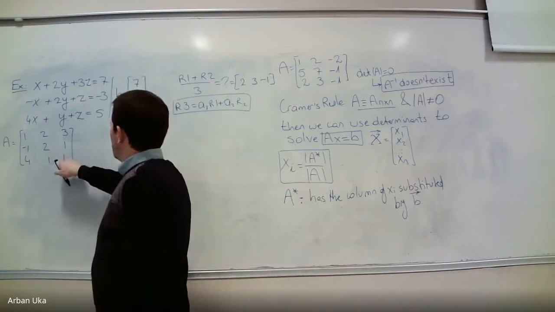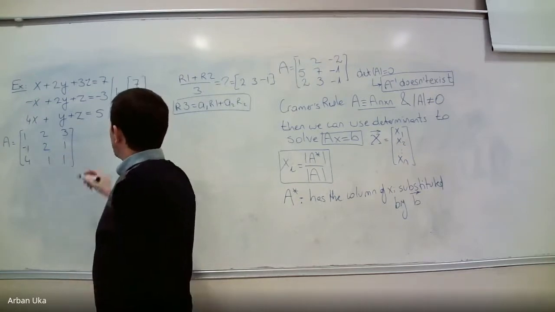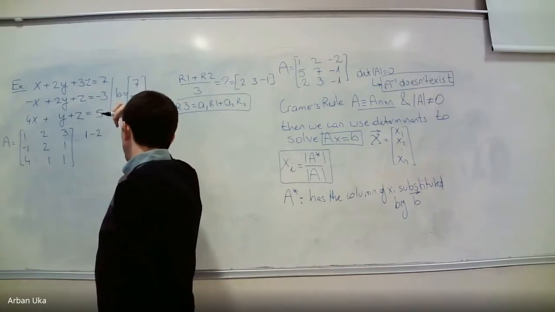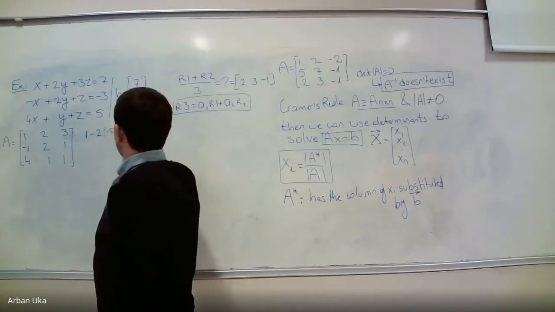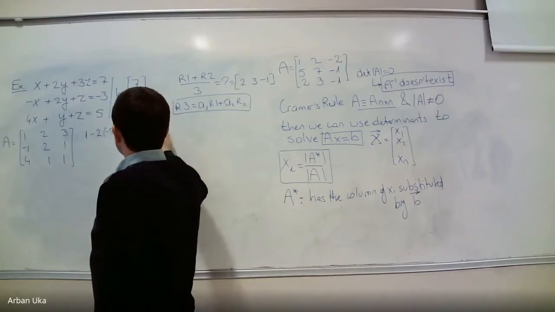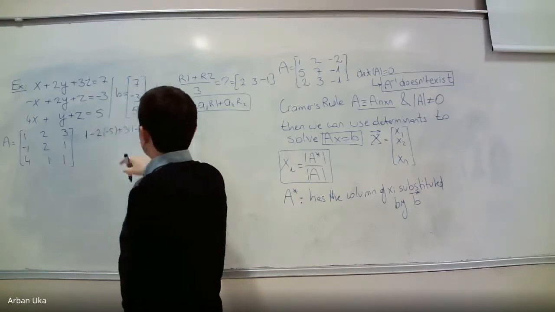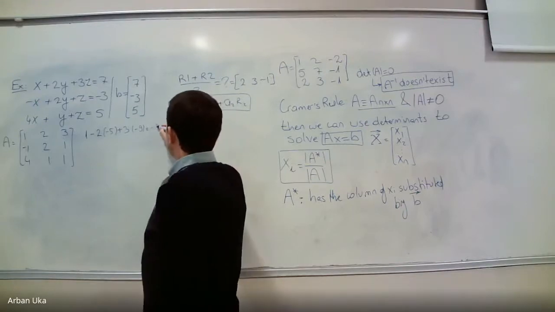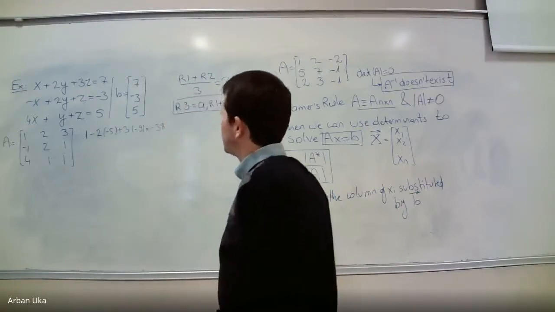We get 2 minus 1, that's 1, minus 2 times minus 1, minus 4, minus 5, plus 3 times minus 1, minus 8, minus 9. Minus 9, so this is minus 27, minus 37, minus 38. Is this correct? This is what I find.